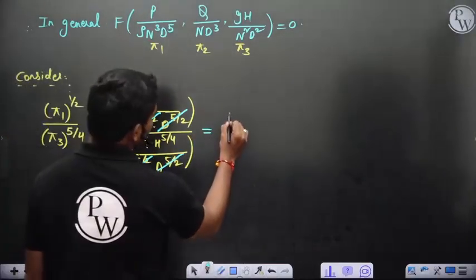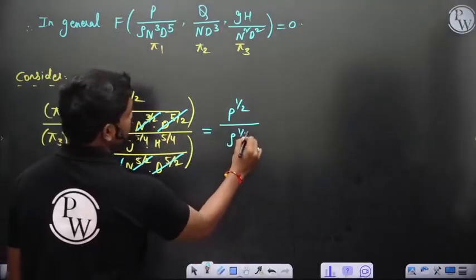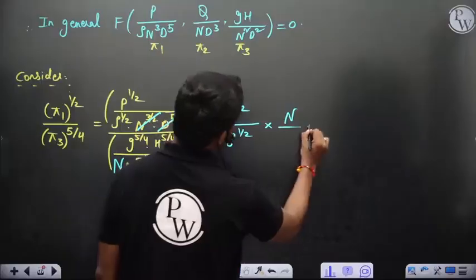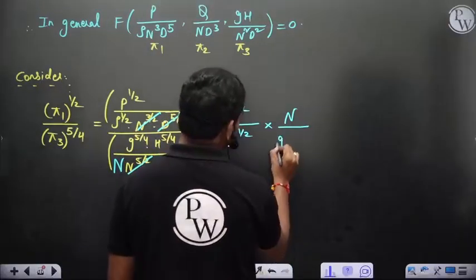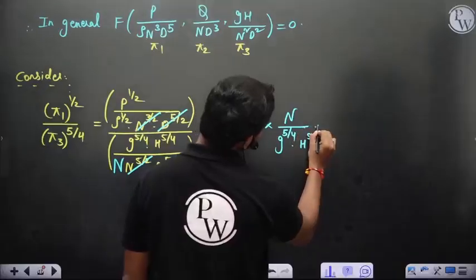So p power 1 by 2 by rho power 1 by 2 into this term which is in the denominator, I can write it as n upon g power 5 by 4 into h power 5 by 4 of course here.